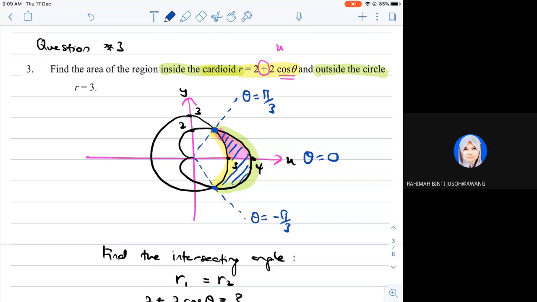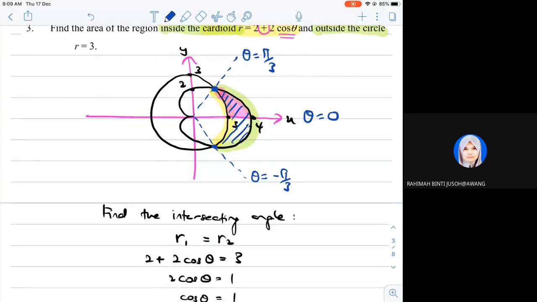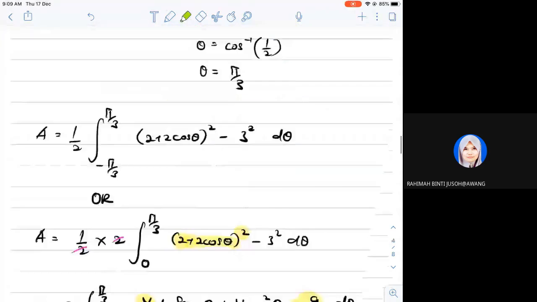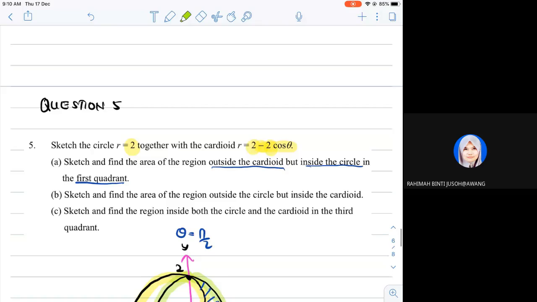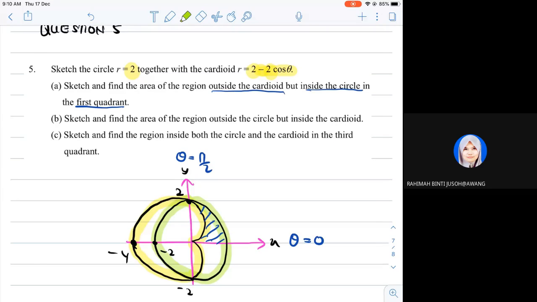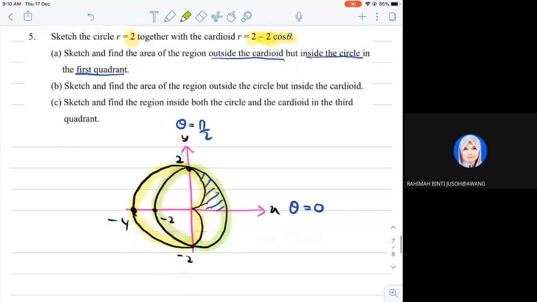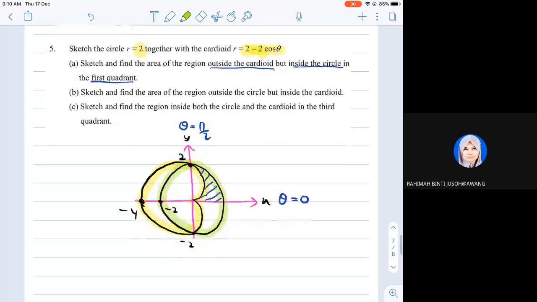That's why we needed to find the intersecting angle by using this formula. However, for question number 5, the intersecting angle is located exactly on the axis. So there's no need to find the intersecting angle, just look at the region and you directly know the angle from the graph. Understand, guys? Understand what I mean?